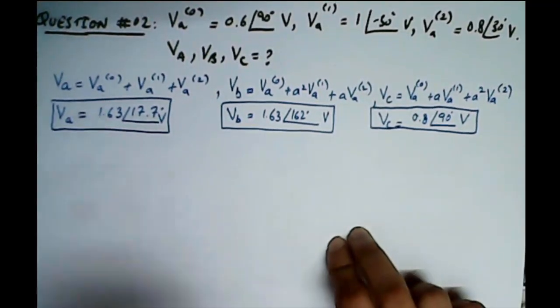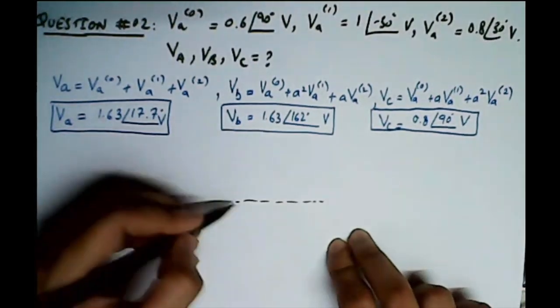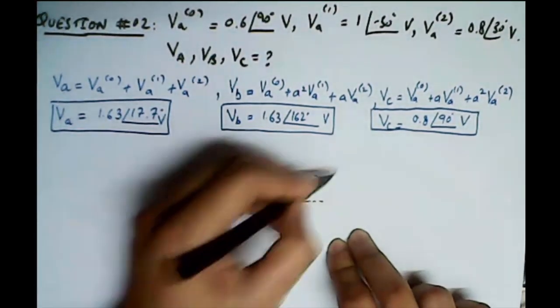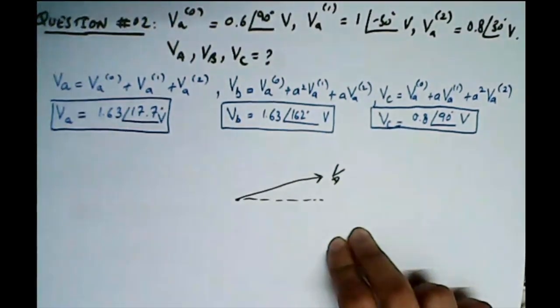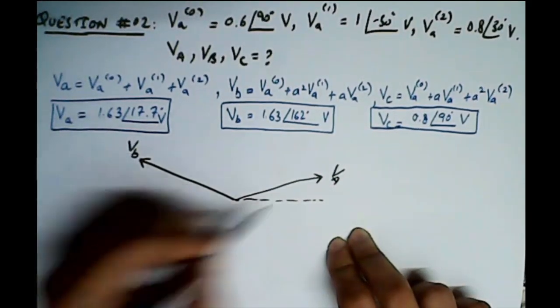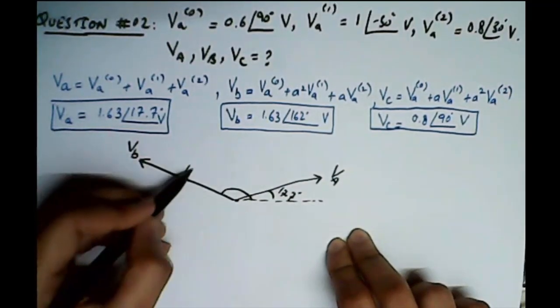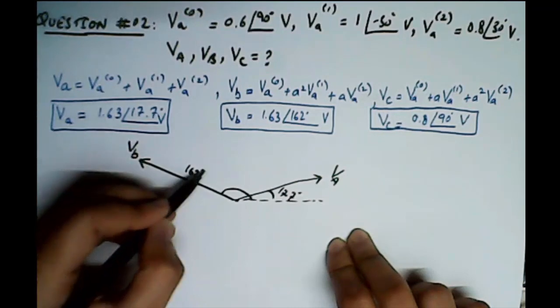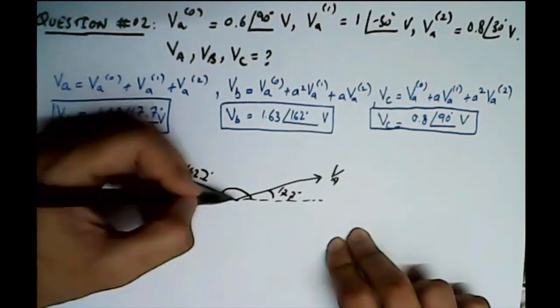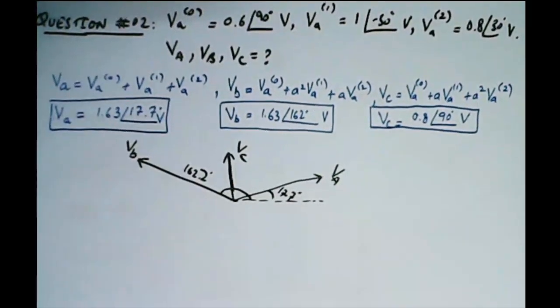When we draw it, VA is at 17.7 degrees, VB is at 162.2 degrees, and VC is at 90 degrees. Now you can see that these are unbalanced components, right?